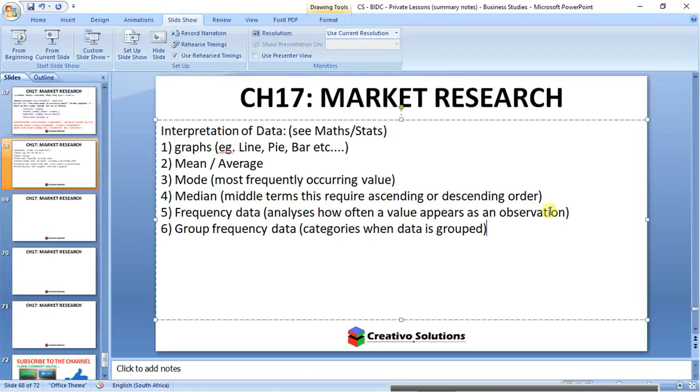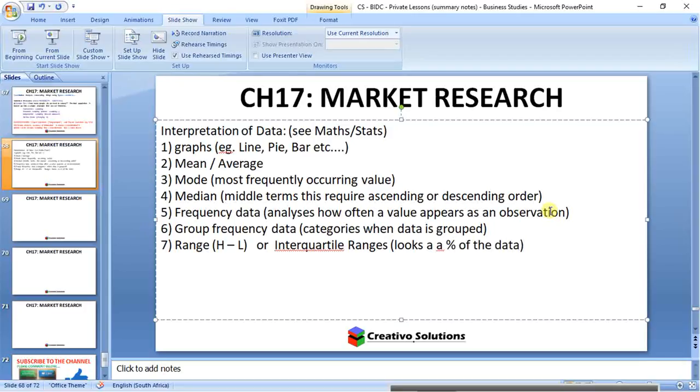Last one is range. Number 7, range. But range is split into 2. Normal range, we looked at highest minus lowest. So range, brackets, H minus L, or interquartile ranges. Interquartile ranges look at a percentage of the data.